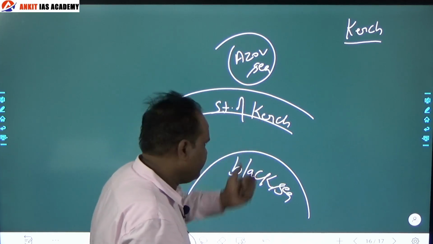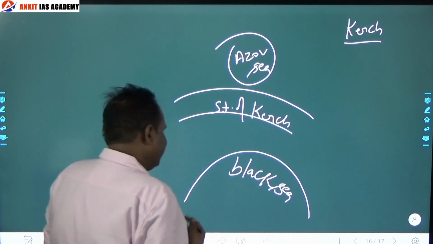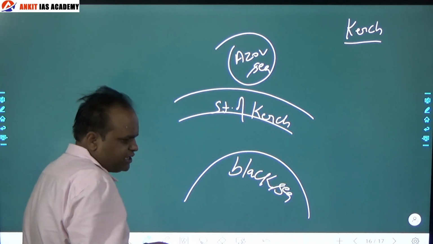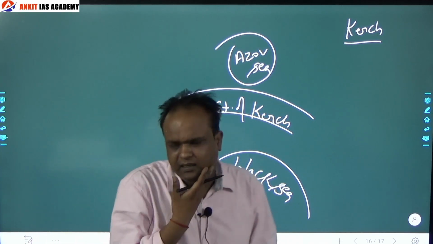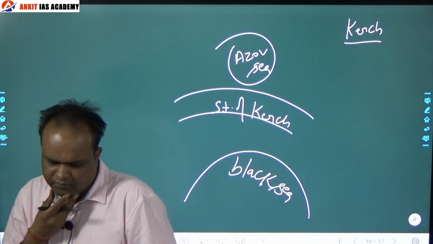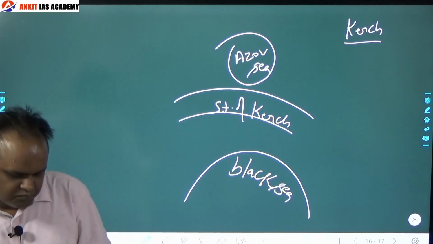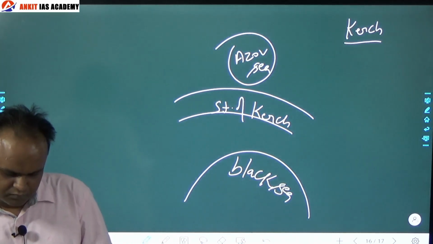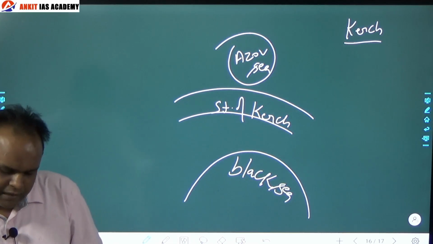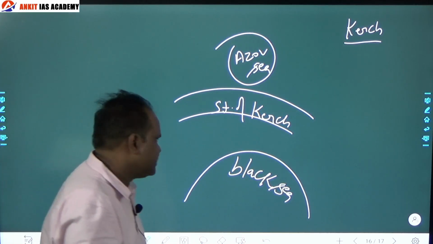Kerch is the part of Crimea. It connects Russia. It is located between Russia and Kerch.